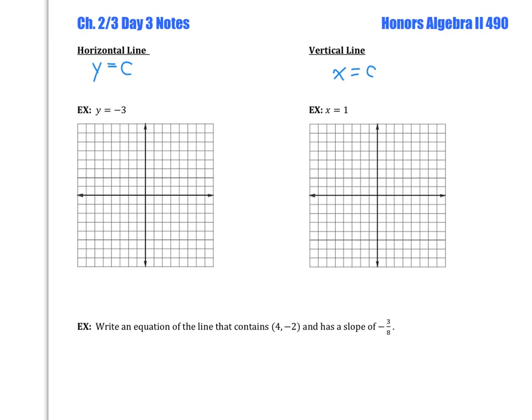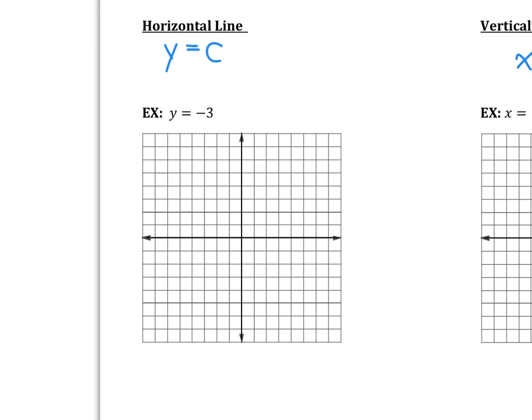So if I want to graph y equals negative 3, that means no matter where I am on my line, the y value is negative 3. x is changing, but y is not. So I can simply go down to a few points where y is negative 3, and I can connect these, and we have our horizontal line at y equals negative 3.